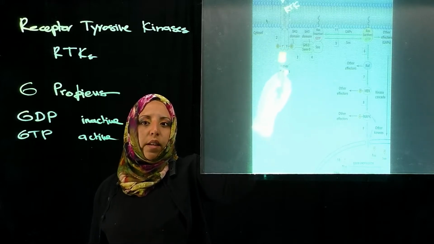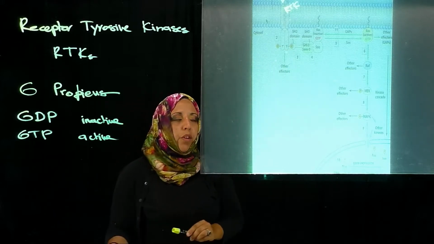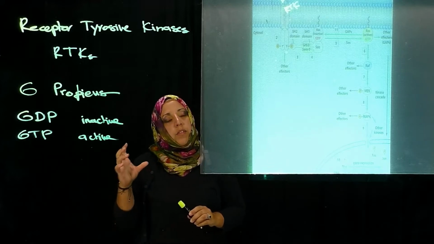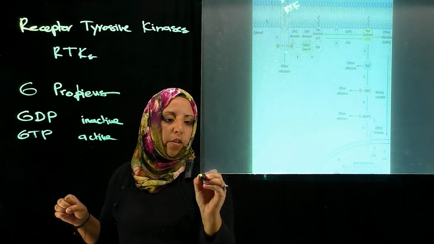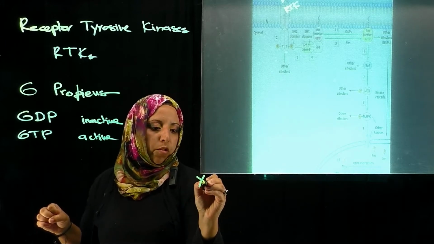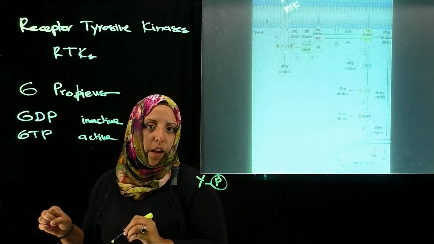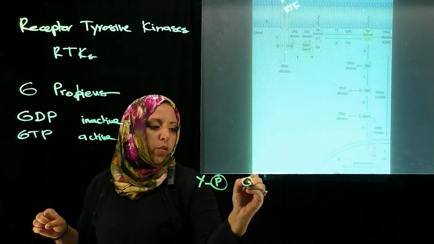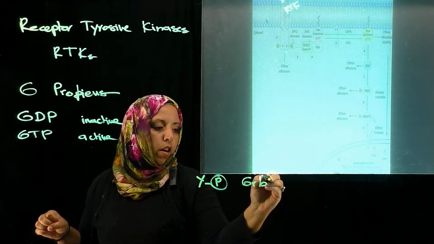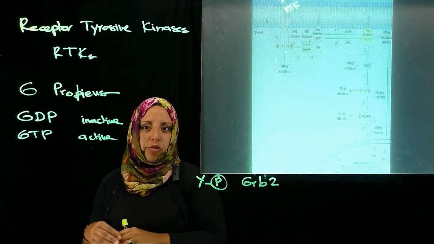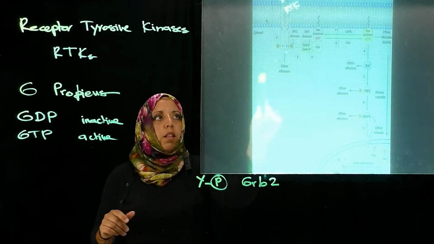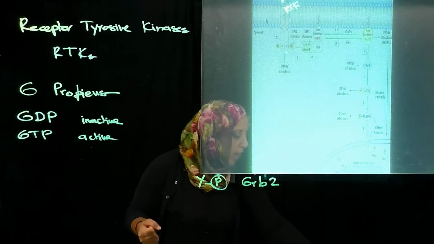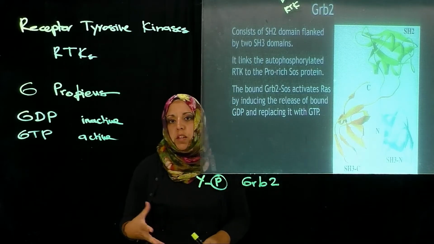Once those tyrosine residues are phosphorylated, the phosphorylated tyrosine residues will interact with a protein known as GRB2. Now, GRB2 is a monomeric protein. It has what we call an SH2 domain flanked by two different SH3 domains.